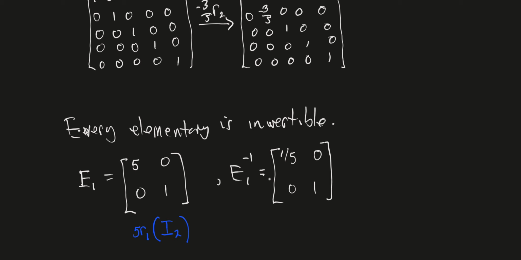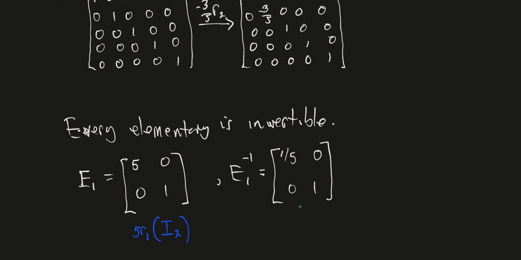So these two, let's say if you were to multiply them, you will get the identity, right? And I encourage you to try that. But the key here is that being given one elementary matrix, it's very easy to write down its inverse. We don't have to do the formal process. I mean, we could, but just think in terms of undoing the row operation that was used to create it, and then that will give you the identity.